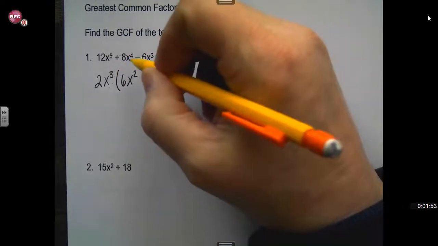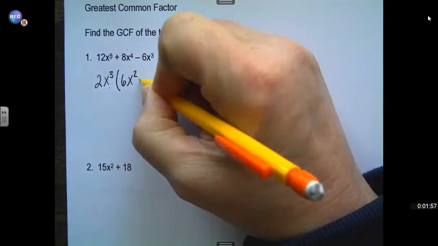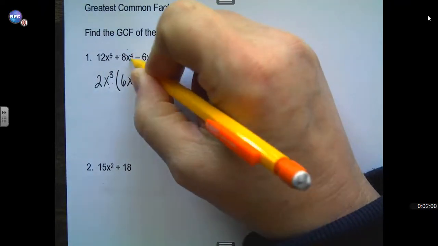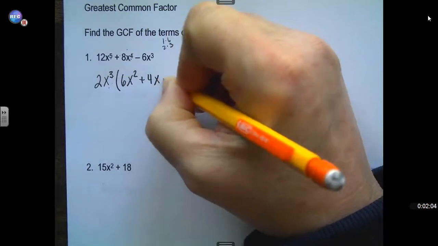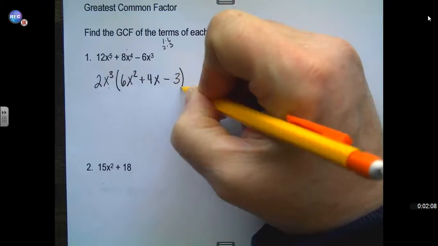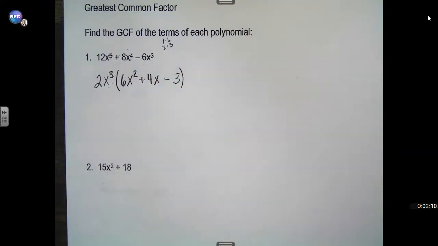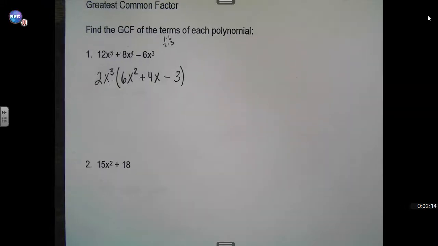And then I go on. I divide this next term by 2, I get 4, and x to the 4th divided by x cubed is x. And then 6 divided by 2 is 3, and the x cubed divided by x cubed.